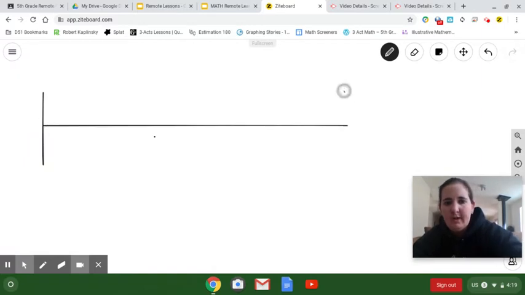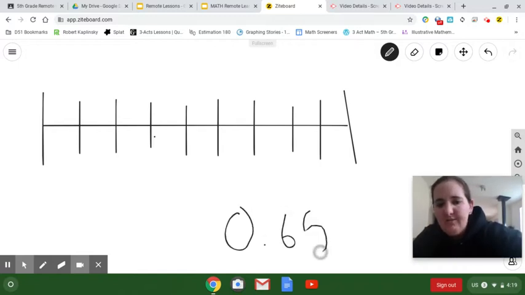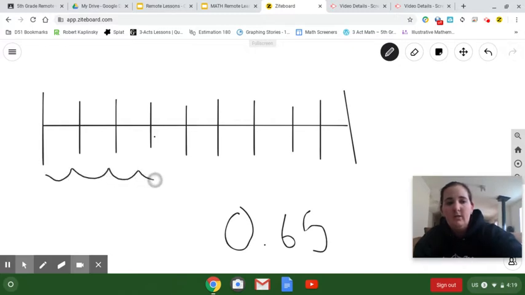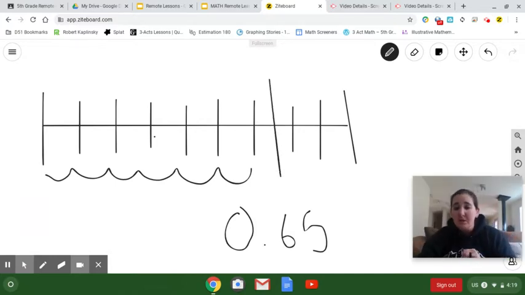Super straight line. Another super, it's rough. So I got 5, 6, 7, 8, 9, 10, 4, 3, 2, 1. All right, so I got 65 hundredths. All right, so I've got 1/10, 2/10, 3/10, 4/10, 5/10, 6/10, and then 5 I know is right in the middle. So I'm trying to get as close in the middle as I possibly can.